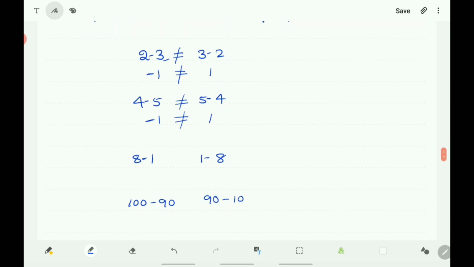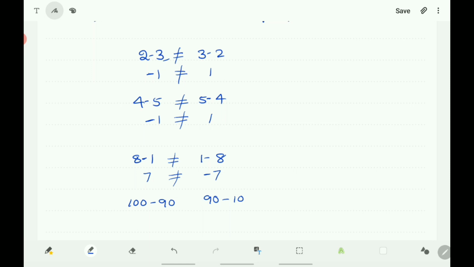Then you take 8 and 1. 8 minus 1 is equals to 7. 1 minus 8 is equals to minus 7. And these two are not equals. Therefore, you can say that here 8 minus 1 is not equals to 1 minus 8.